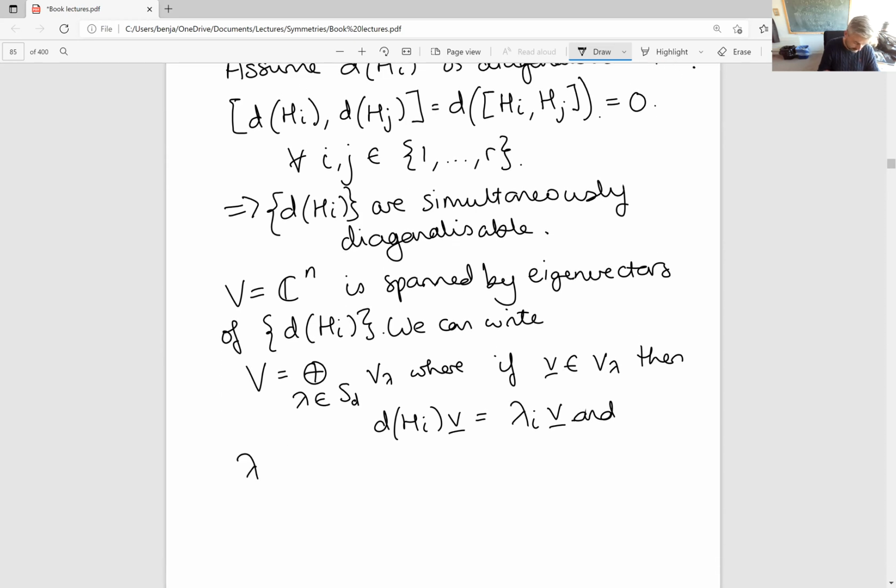And so lambda i is just some complex number where i is from 1 to r. Okay, so this r-dimensional vector is called a weight of the representation.